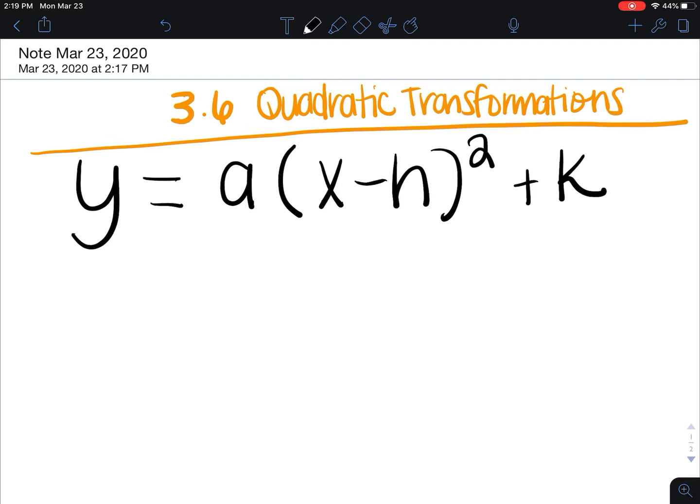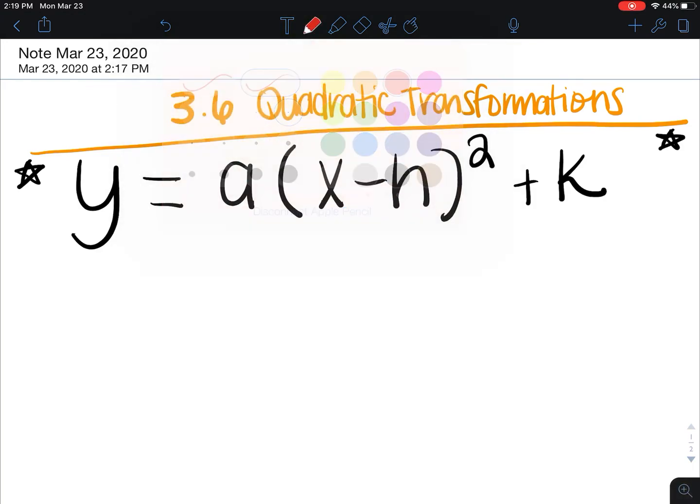So you should have noticed that all of the examples are written in what form? What form is this of a quadratic? This is vertex form. So if you notice, they were all written in vertex form. That is the form that easily shows which way the quadratic moves.